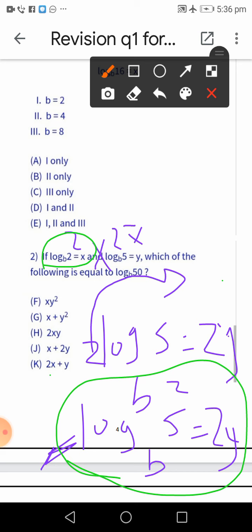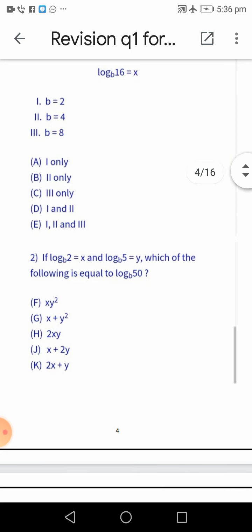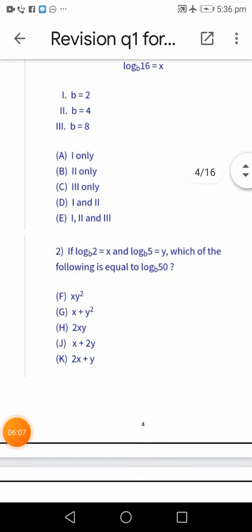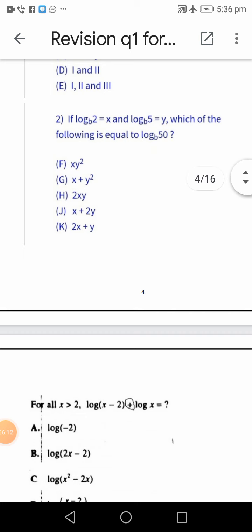So what you will do, you will take 5 squared times 2, which is 50. So you will add x plus 2y, to multiply both. If you add x plus 2y, it will be what?